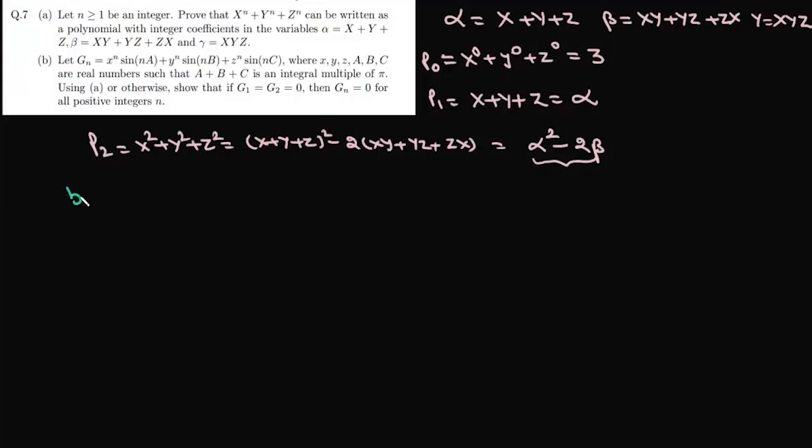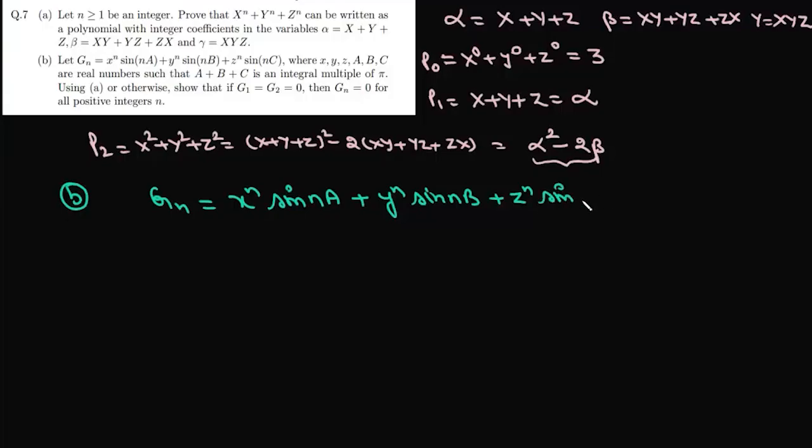Now we'll come to this part B, where we are given this Gn, which is x to the power n sin na plus y to the power n sin nb plus z to the power n sin nc, where x, y, z, a, b, c are real numbers such that a plus b plus c is an integral multiple of pi.